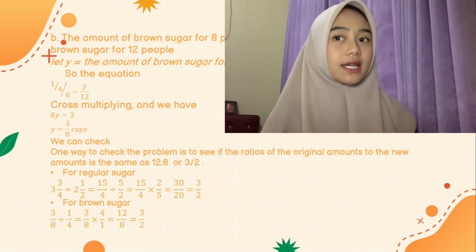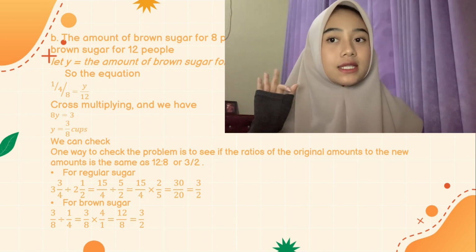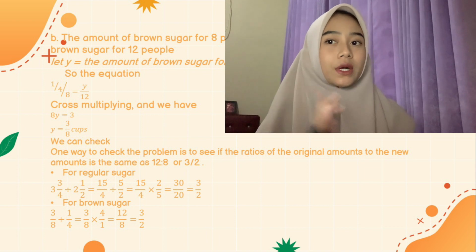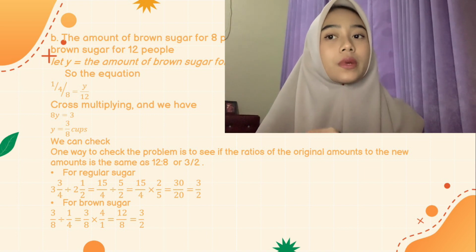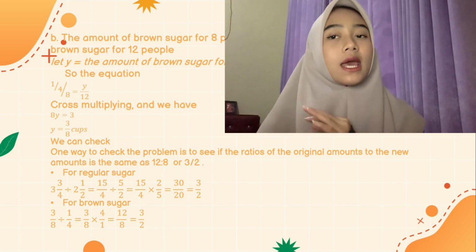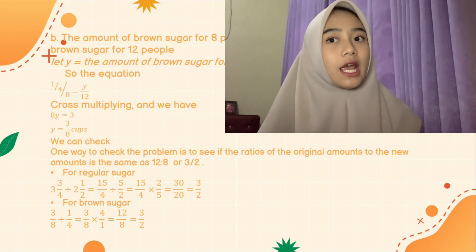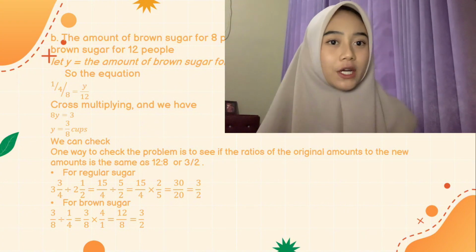For brown sugar, it is 3/8 divided by 1/4 equals 3/8 times 4/1 equals 12/8 equals 3/2.